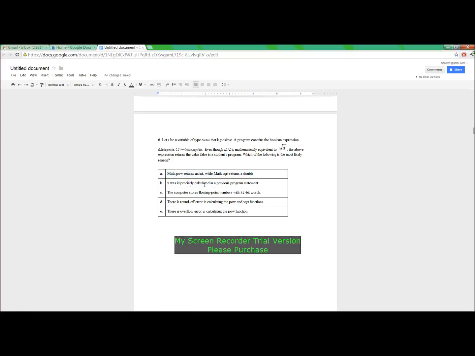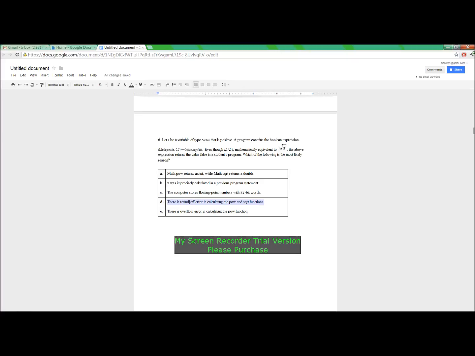So B, x was imprecisely calculated in a previous program statement. That's kind of just passing the buck, so it's not right. C, the computer stores floating point numbers with 32-bit words, which is only right for integers, and it's worded incorrectly. So that's wrong.